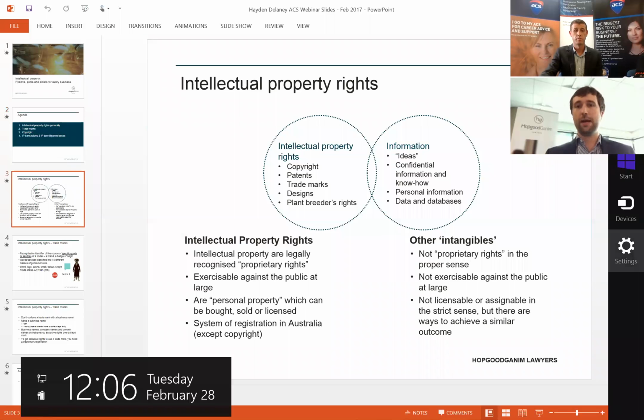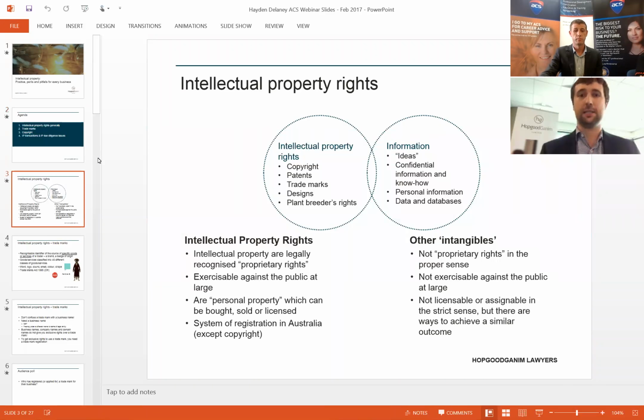Before I drill into any particular type of IP, I just wanted to give an overview of what intellectual property rights are generally, and how they interact with other categories of things which, although still intangible assets that you can't necessarily see or touch, aren't intellectual property rights in the strict sense of the definition as we use it as lawyers.